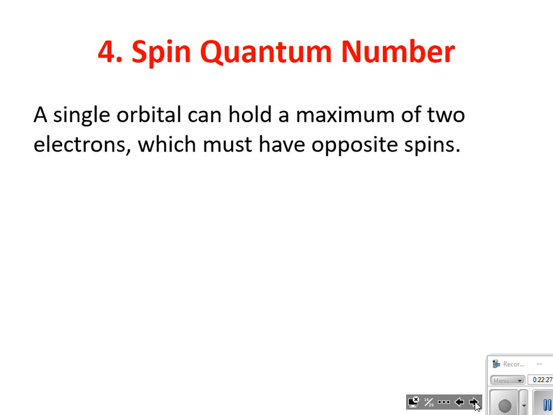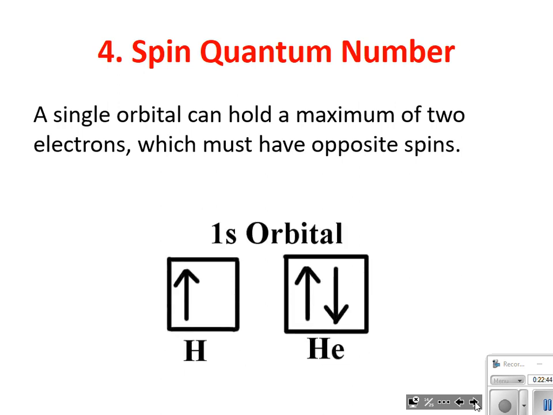A single orbital can hold a maximum of 2 electrons, which must have opposite spins. I want you to write those 2 pictures down. We'll talk about them. Now, what is this box with this arrow telling me?